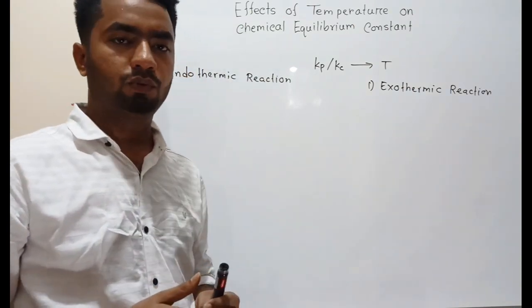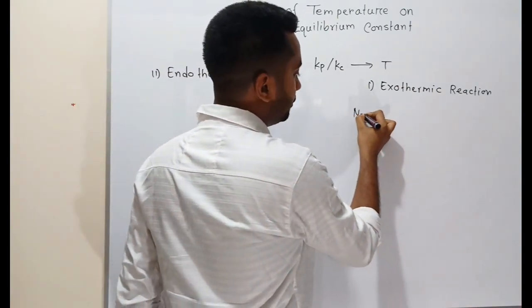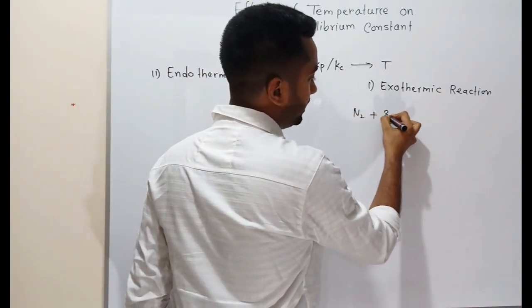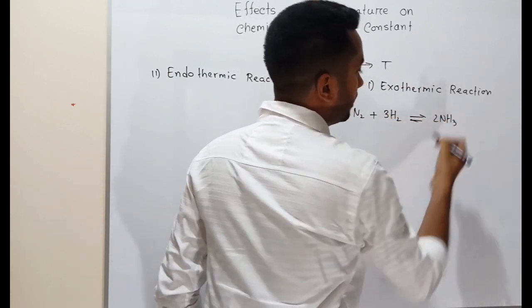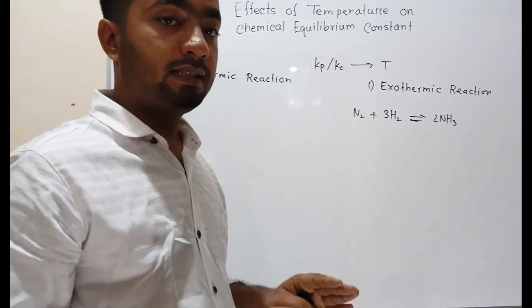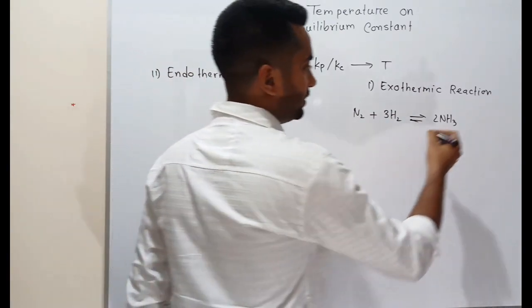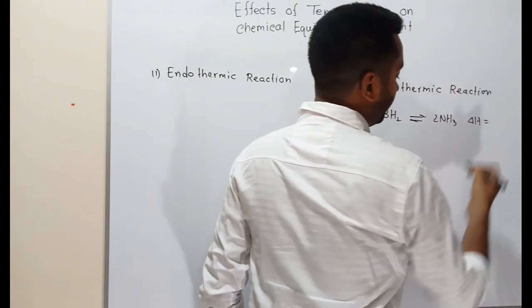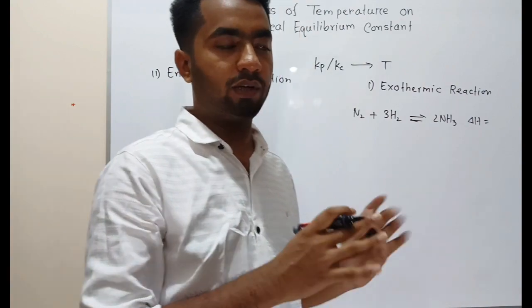Let's describe this with a perfect example. Let's have an example where N2 reacts with 3H2 to produce 2NH3, where delta H is negative. What is delta H? Delta H means the overall standard enthalpy change in a reaction.